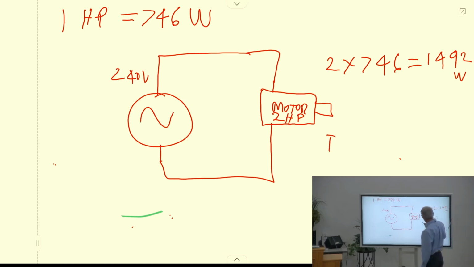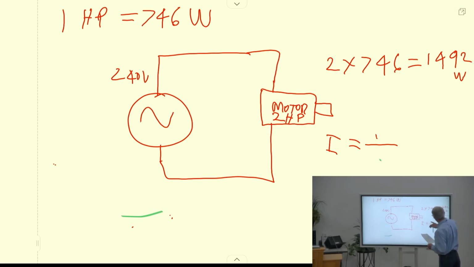So we go back to our formulas. Current equals voltage divided by wattage. Do I have that right? I think I do. No, I got it upside down. Current is equal to the wattage divided by the voltage.